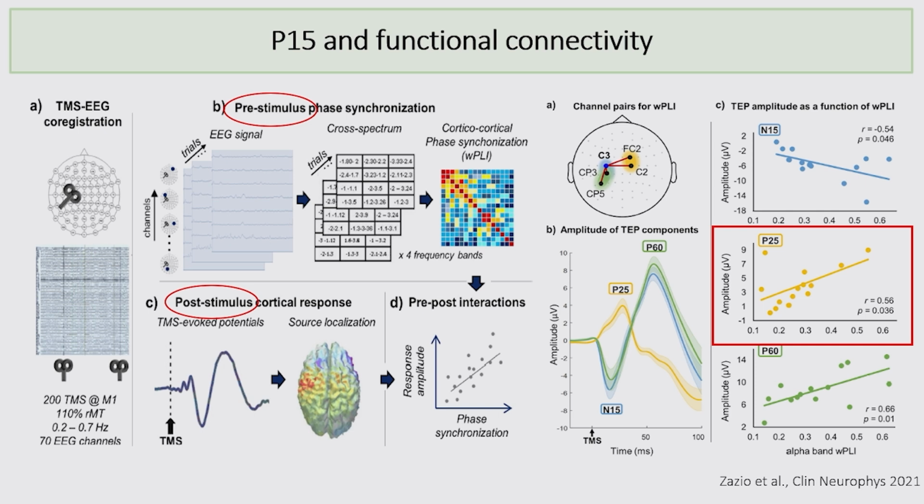There are studies that have shown a relationship between the P60 and MEPs, but they have not been replicated, and I think in this field the replication of results is crucial, otherwise we don't actually know if the effect is robust. Thank you.